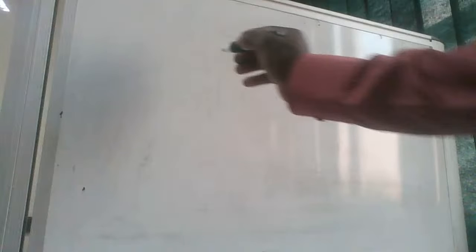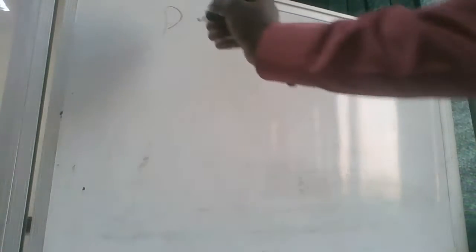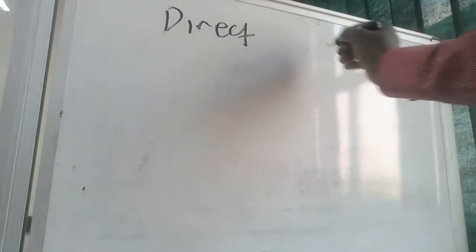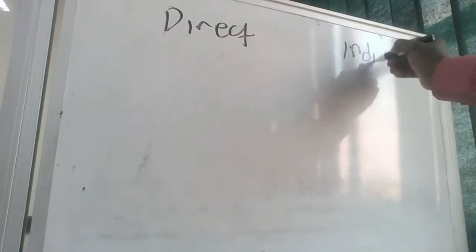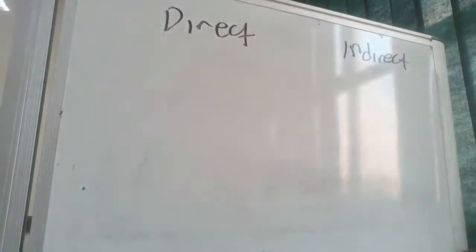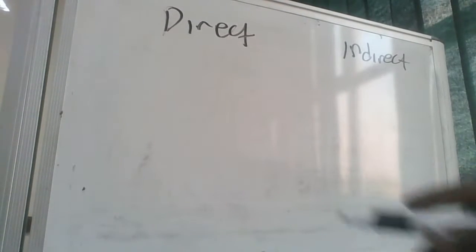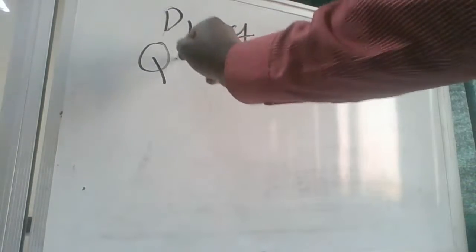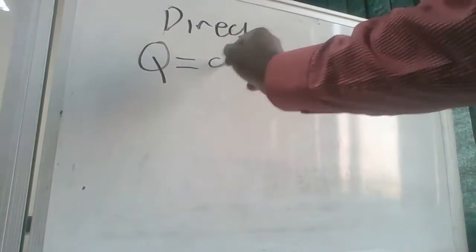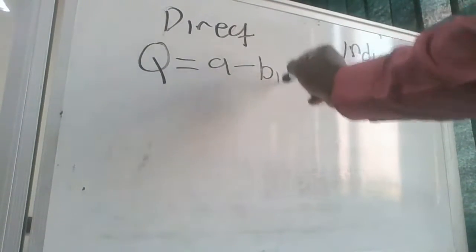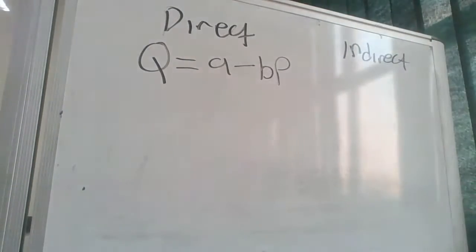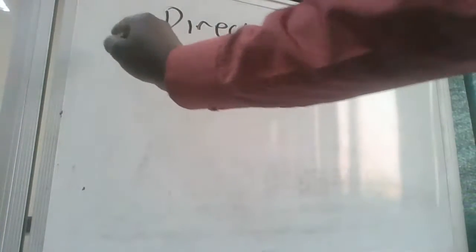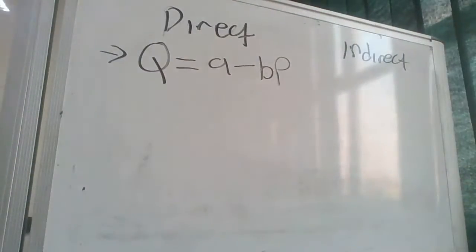Now, this is indirect. So we have direct versus indirect. When we are talking about the direct relationship, I'll use the equations. So if you have a function Q is equal to A minus BP for the demand curve, this is a direct demand function.